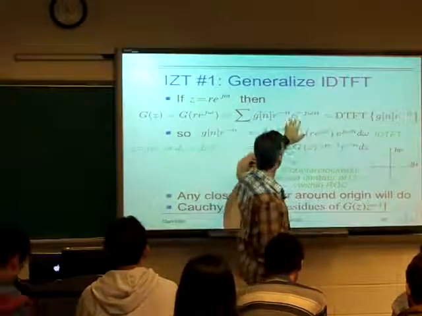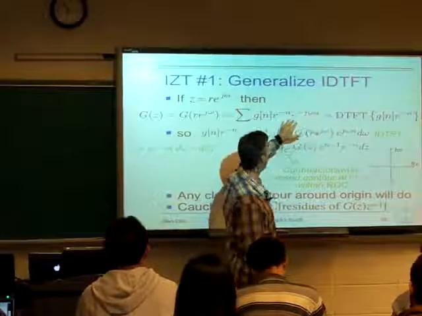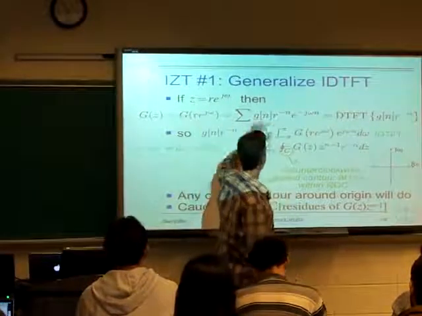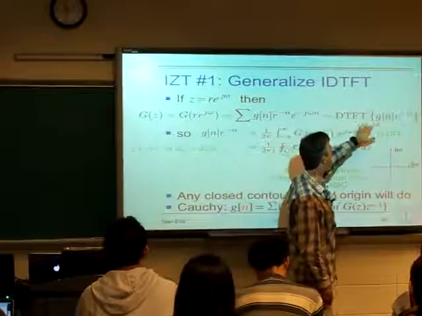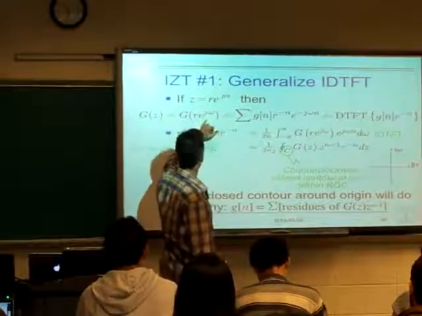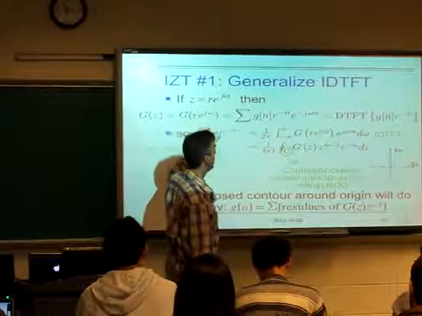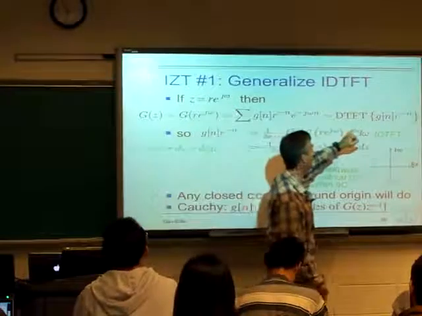This sum over n is just the DTFT. So g of z on the, not the unit circle, but the radius r circle, is the same as the DTFT of g of n r to the minus n.